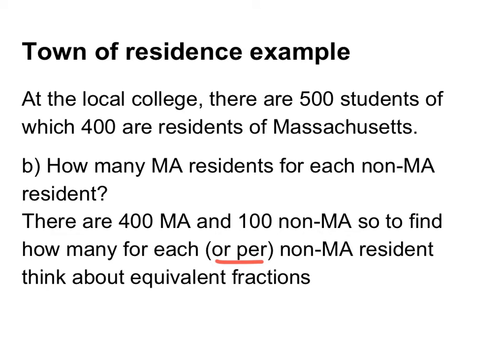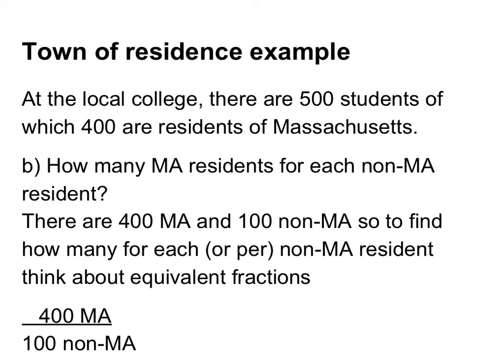So we're going to set up some sort of fraction. And then we really want to focus on the fact that it's for each or per non-Massachusetts resident. So we're going to start with Massachusetts to non-Massachusetts. There are 400 Massachusetts students for every 100 non-Massachusetts students.